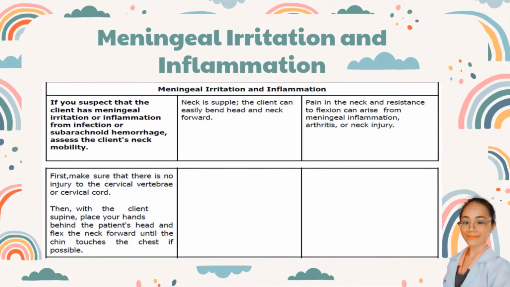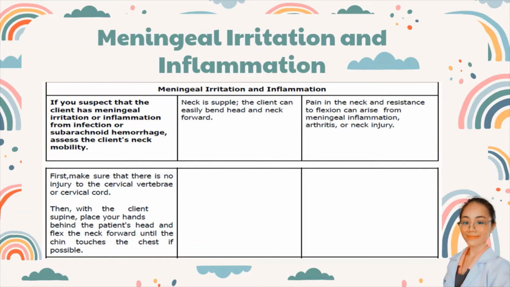And lastly, we have meningeal irritation and inflammation. If you suspect that the client has meningeal irritation or inflammation from infection or subarachnoid hemorrhage, assess the client's neck mobility. First, make sure that there is no injury to the cervical vertebrae or cervical cord, and then with the client supine, place your hands behind the client's head and flex the neck forward until the chin touches the chest if possible.